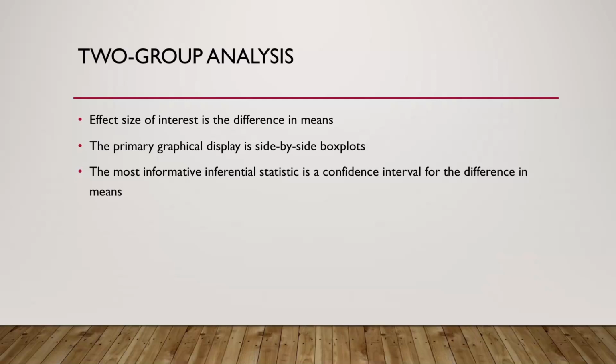Now, what we did not look at in this video series is a confidence interval. We haven't talked about how we could construct a confidence interval if we actually have three conditions. When we have two groups, we know that the most informative inferential statistic is a confidence interval for the difference in means.